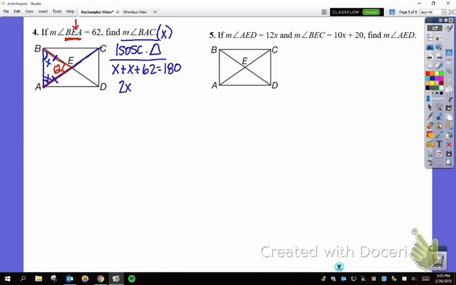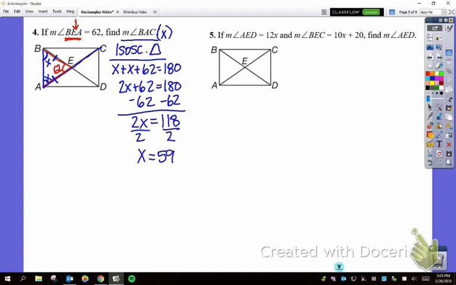Then we get 2x plus 62 equals 180. Subtract that 62. We end up with 2x equals 118, and then we can divide by 2. And we end up getting x equals 59 degrees. So both of those angles would be 59 degrees, so BAC equals 59.